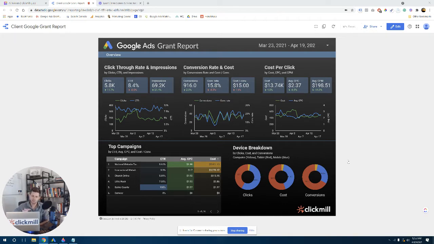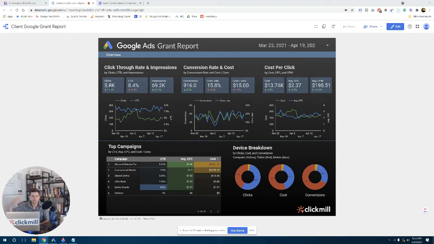So now this is an example of a client account that we run. And so you'll see that this is a Google Grant. So the numbers in here are going to be relatively high, higher than you would see if you're running a normal Google Ads account. But either way, the clicks here is how many additional website visitors you're bringing into your website on a monthly basis.